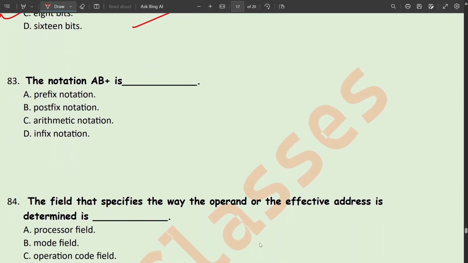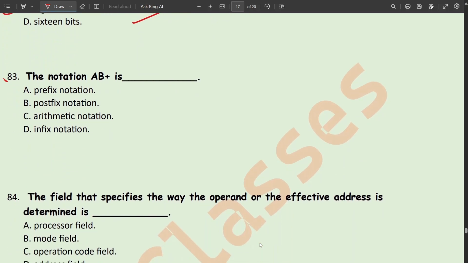The notation AB positive. In notation AB positive, the operator comes in the last, after the operands. So this will be postfix. So option number B is correct. Postfix notation.